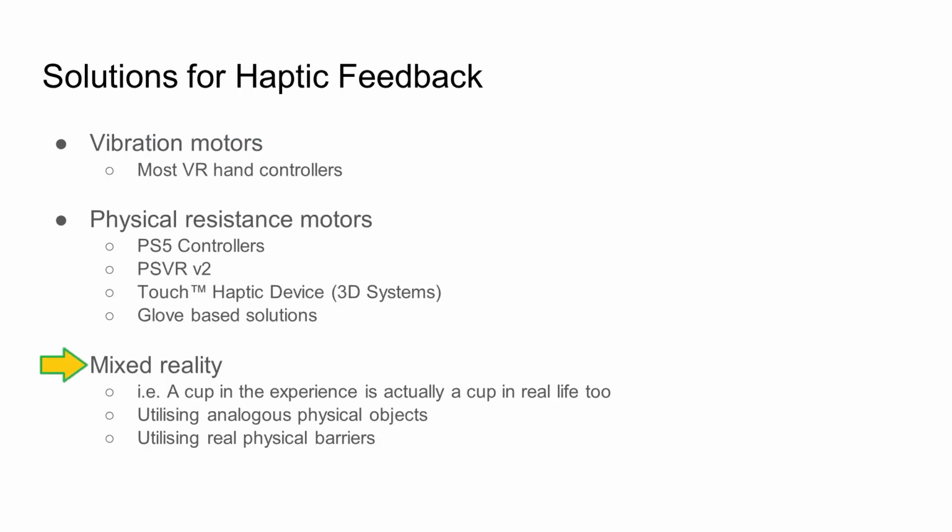But yeah, mixed reality is a very useful tool for us immersive designers when haptic feedback and fidelity in that area is really important to us. But in the cases where it's not really that important, where it's just basically adding extra sensory feedback or extra icing on the cake, we can get away with simpler things.